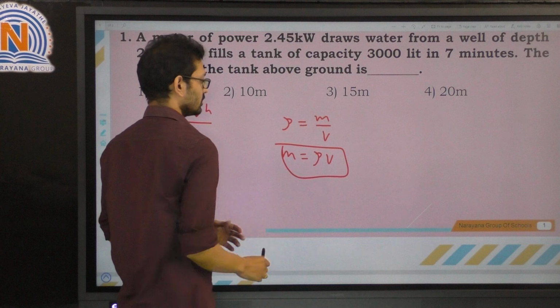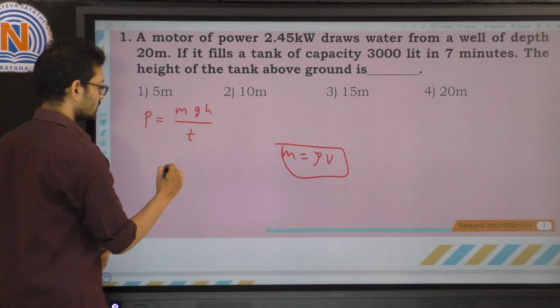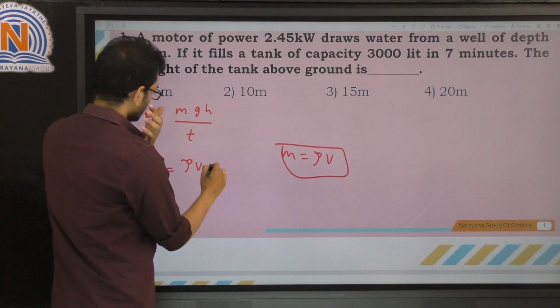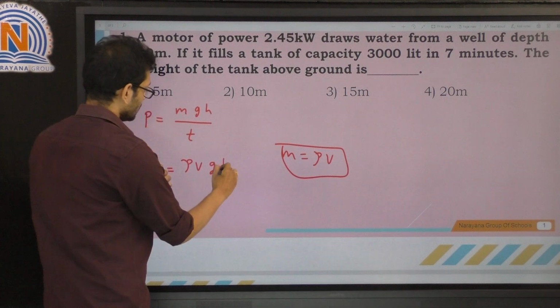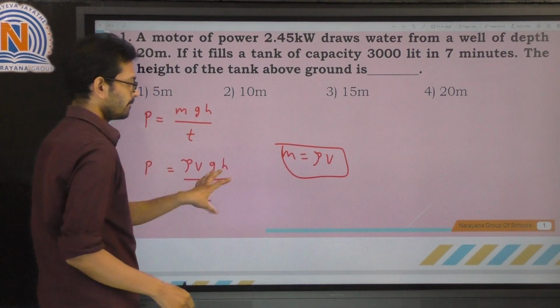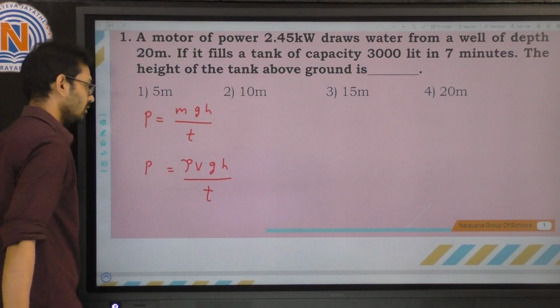In the place of mass I am going to write density into volume into g into h by t. This is P. Now this is your formula.